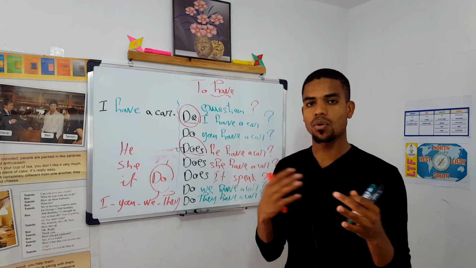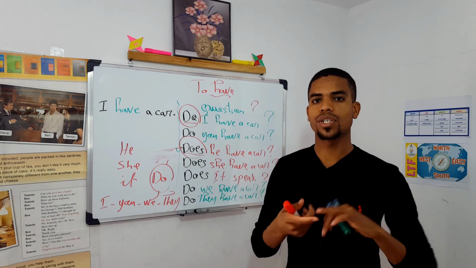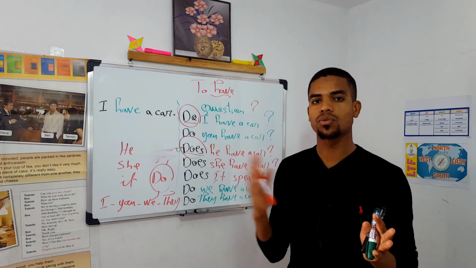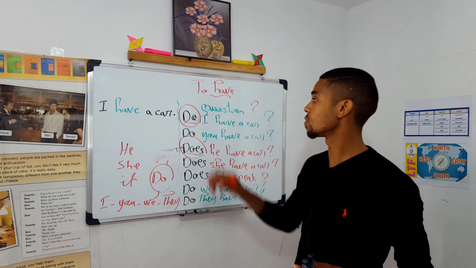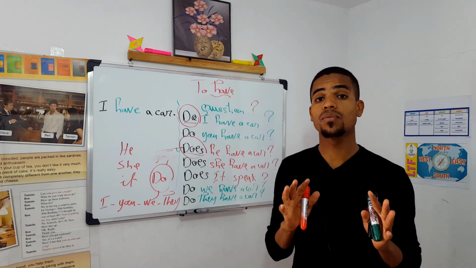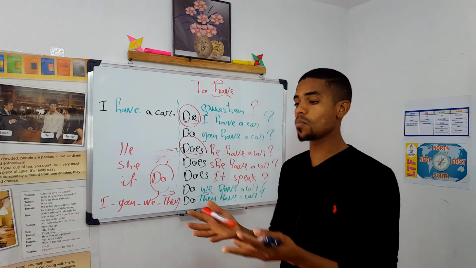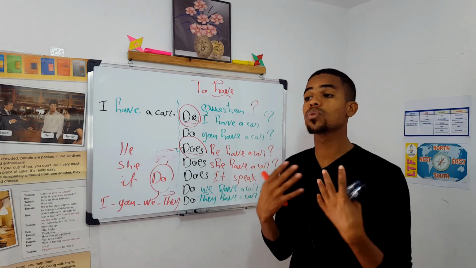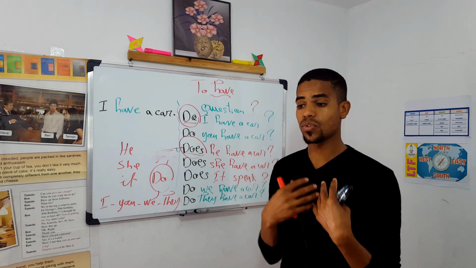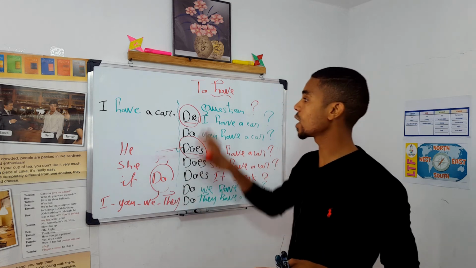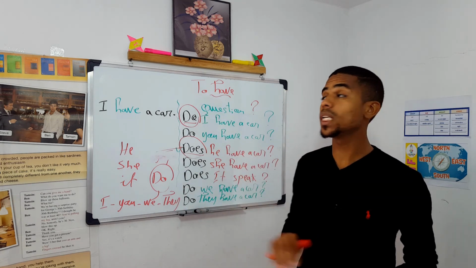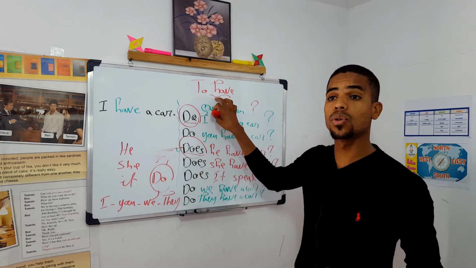We share something. Or I have a sister, and so on. And we also use the verb to have if you want to describe someone, or if you want to describe yourself to someone. That is why it is necessary that you learn this verb.